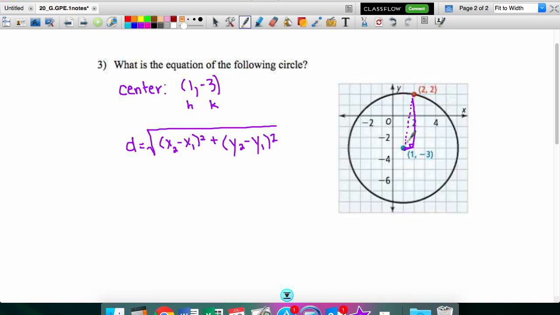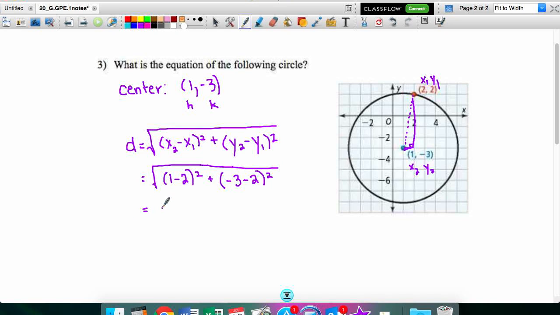So if we are using these 2 points, 2, 2, and 1, negative 3, as our points, and it doesn't matter which one's your x1, y1, and which one's your x2, y2, we would plug them in. So here we go, x2 minus x1, difference of x values, 1 minus 2. I probably should have labeled them the opposite way, but either way it doesn't matter. y2 minus y1, so negative 3 minus 2, quantity squared.